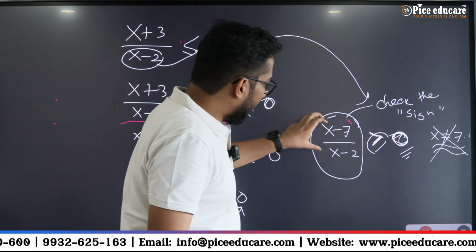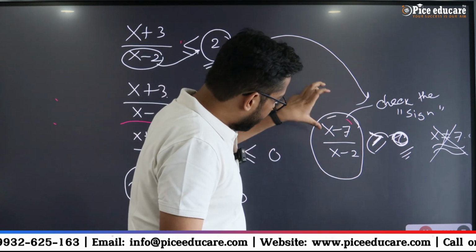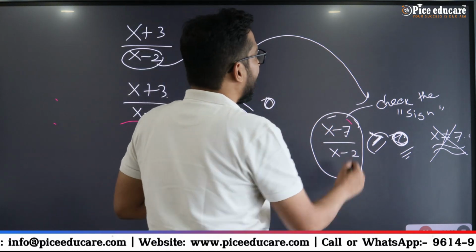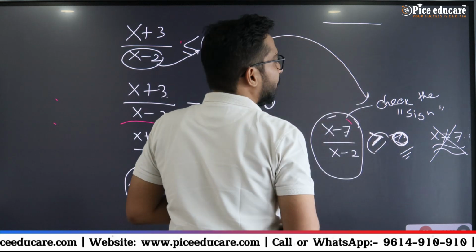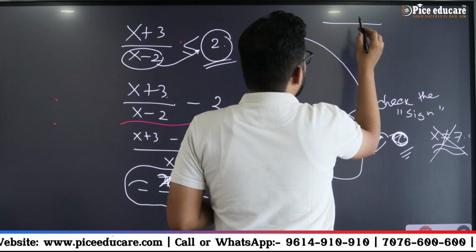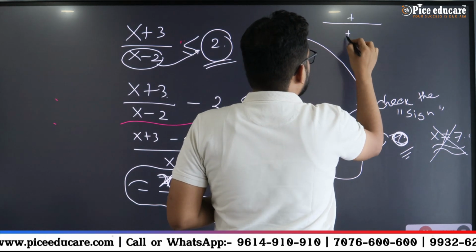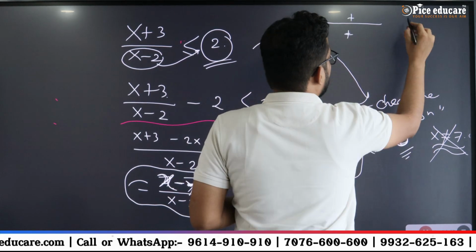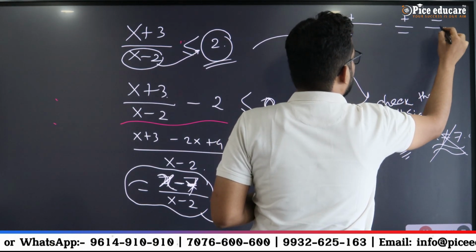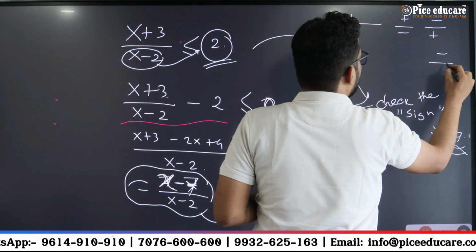Now the question is, I am to find the sign of this quantity. I have given you a ratio. There are basically 4 options if you think about it. One option is plus over plus, right? One option is plus over minus, then maybe minus over plus, and lastly minus over minus.